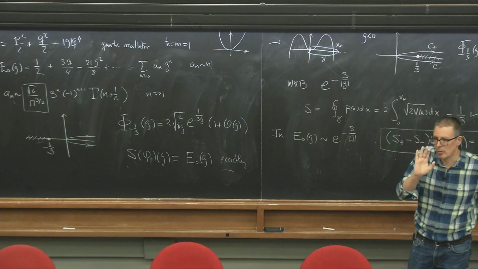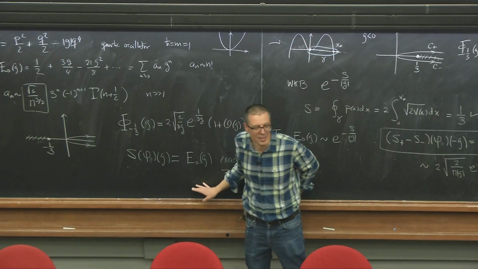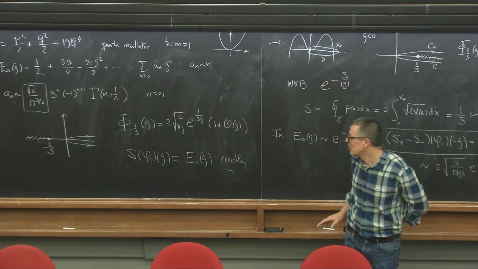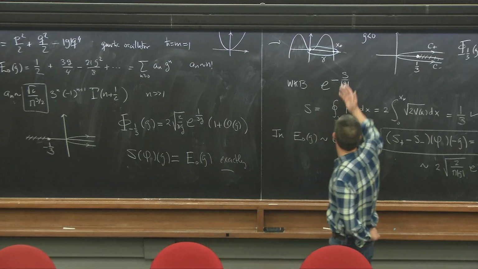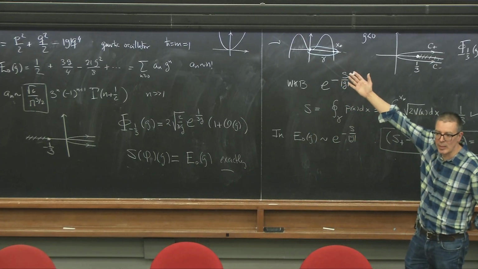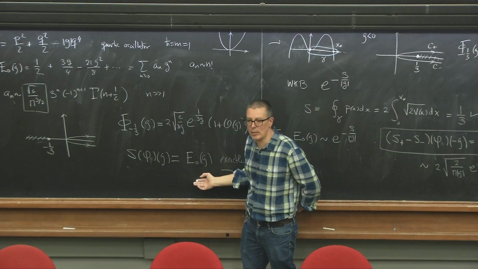There are some exceptions, but this is a lucky case, of course. There are unlucky cases, but this is the lucky case in which resurgence tells you first what happens when G is negative, so you have tunneling, and also when G is positive, it tells you how to reconstruct this exactly, okay?